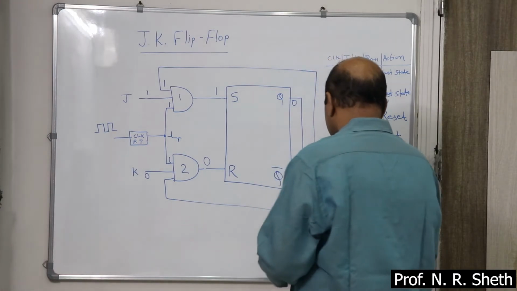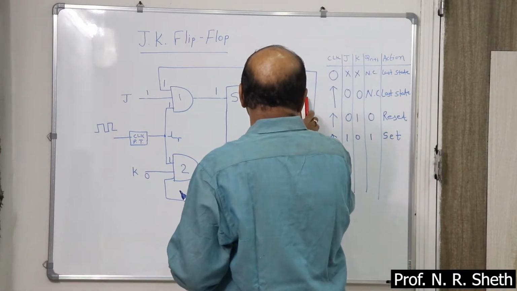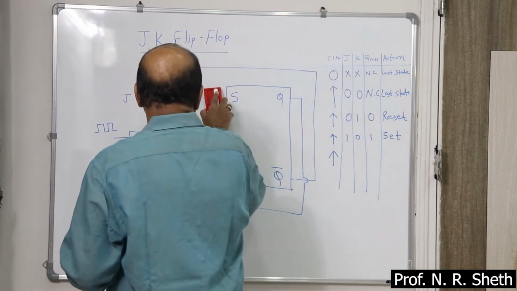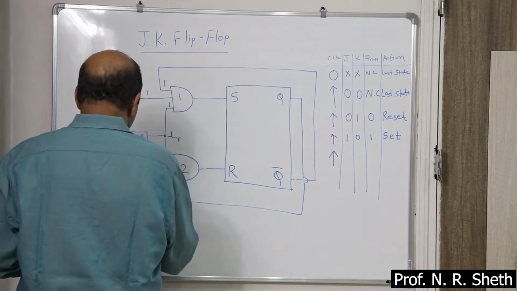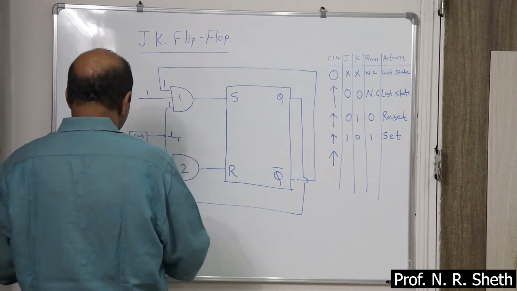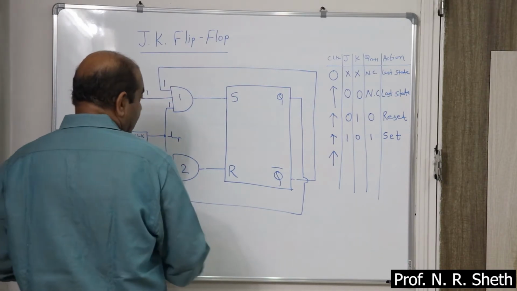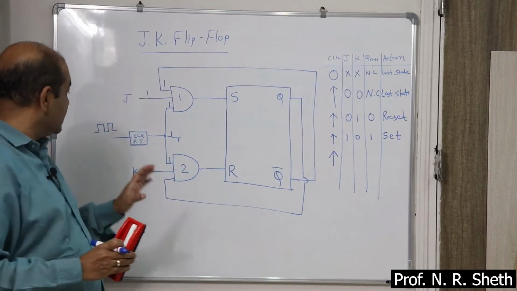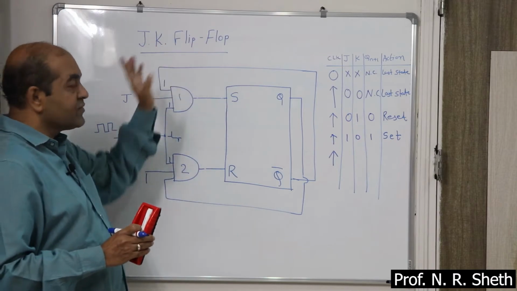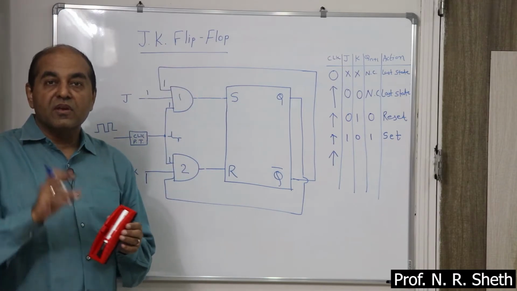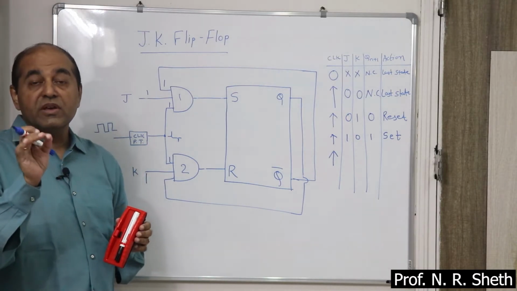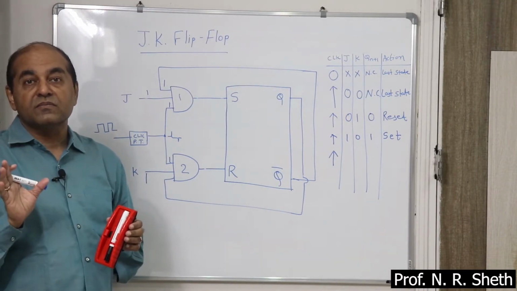Now, a very interesting and useful case, that is case number 4. J is 1, K is 1, and this case of JK flip-flop is extremely useful even in today's world.